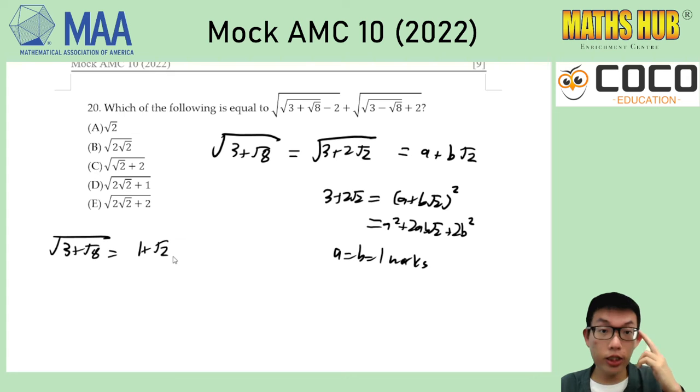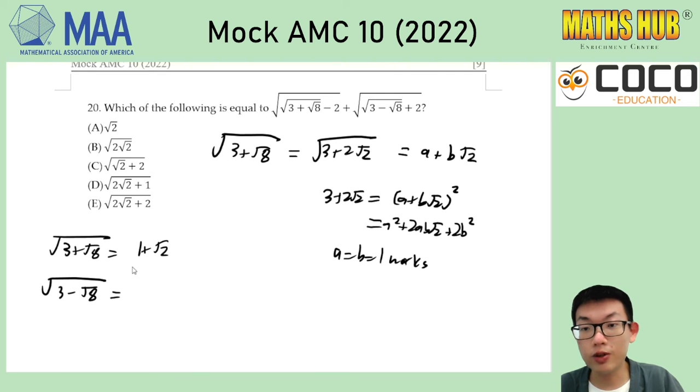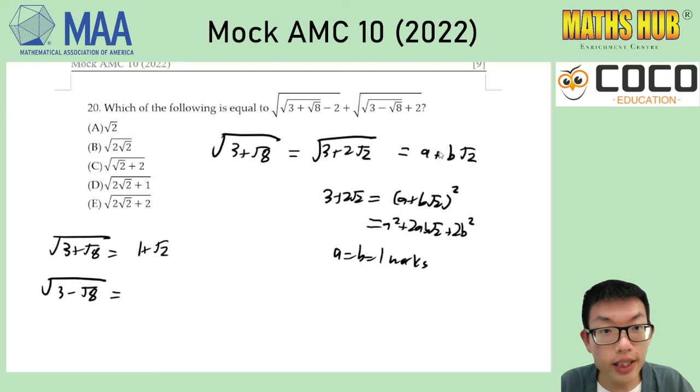Now here's a little trick when you're dealing with these sorts of conjugates. You see that for this one, 3 minus square root 8, you want the square root of that. Since all that has happened is the minus has flipped here, the b is the one that has to flip, or the a can flip.